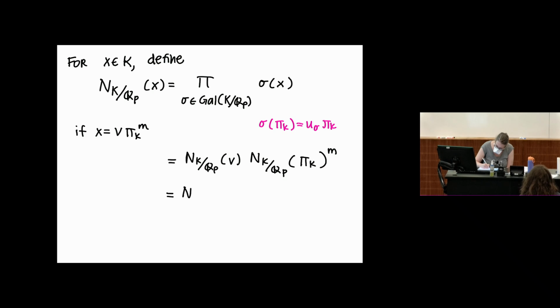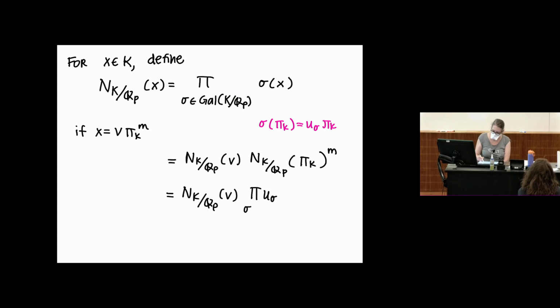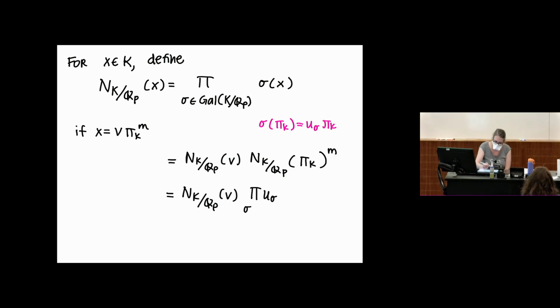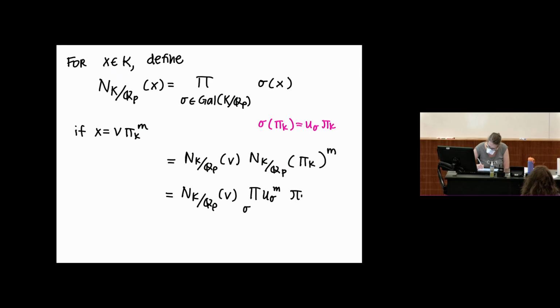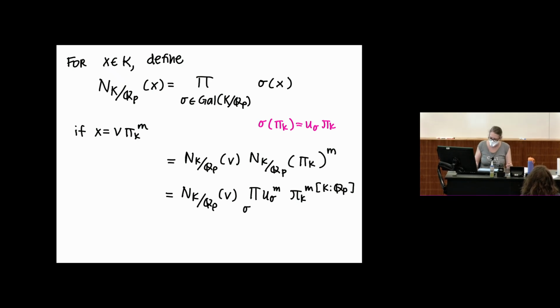So this is the norm of that unit, the product of the units coming from the calculation, and then pi_K to the m to the [K:Qp]. Okay, we're going somewhere with this.